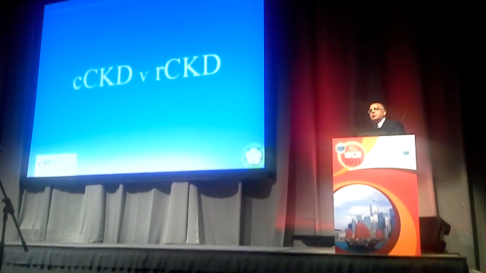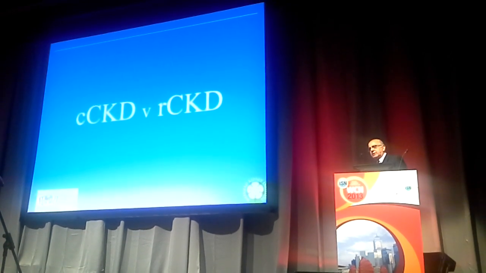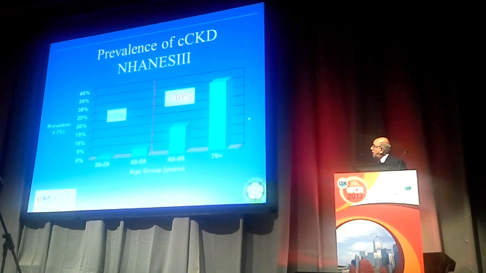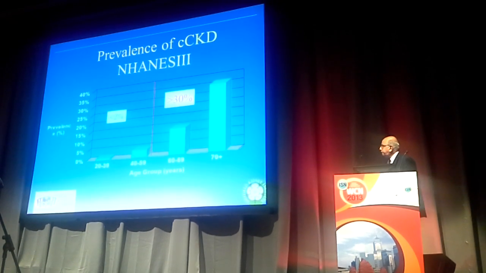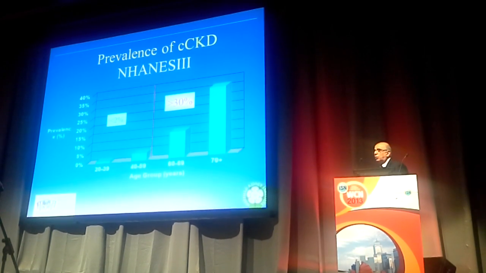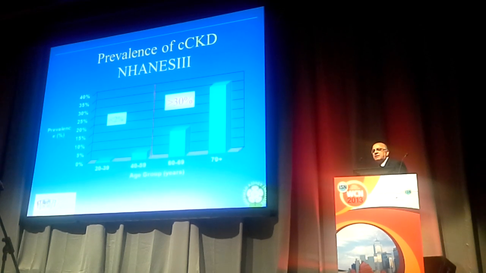But when we look at community CKD, the 10 or 15% in the community we keep hearing about suffering from CKD, the majority are over the age of 50. Paul Stevens did similar work in the UK, and again, the majority of the prevalent CKD in the community is over the age of 55 and 60.